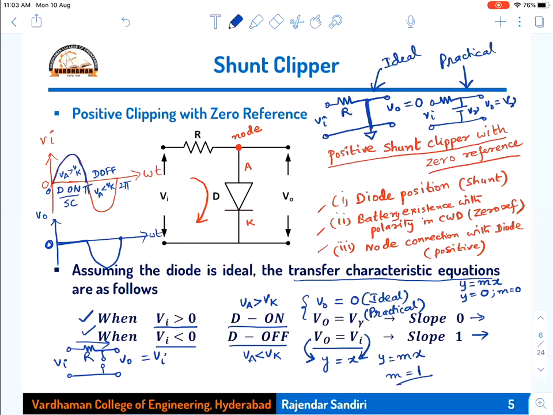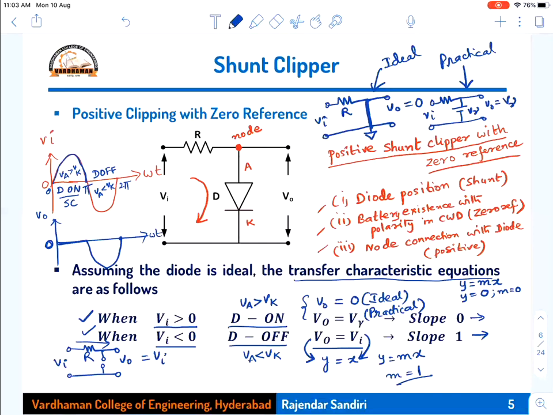So the input waveforms are compared with the reference voltages, and we have to see whether the diode is on or off. If it is on, what will be the output voltage? If it is off, what will be the output voltage? That's what we are seeing. Based on that, you will get the characteristic equations for both the conditions: greater condition, less condition, and on condition or off condition.